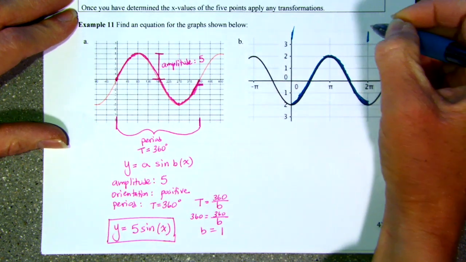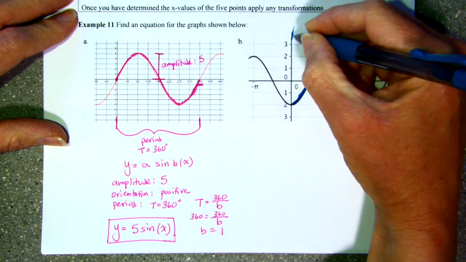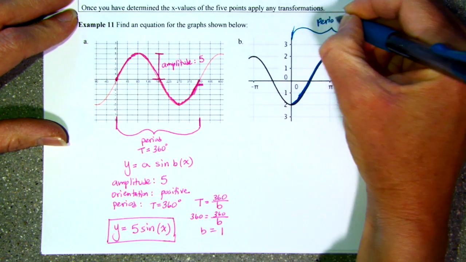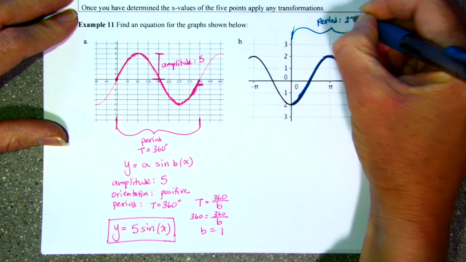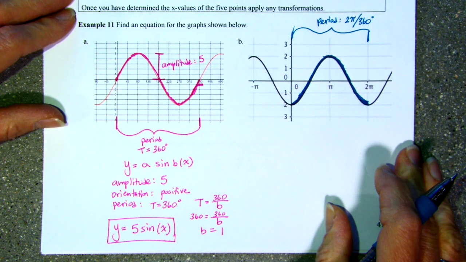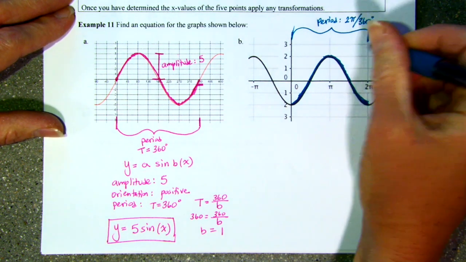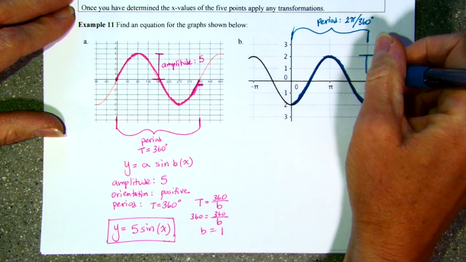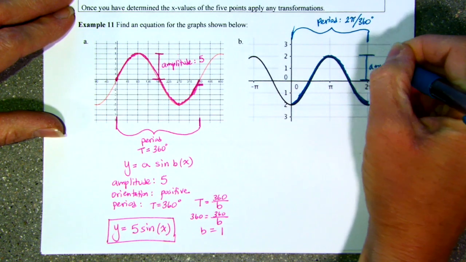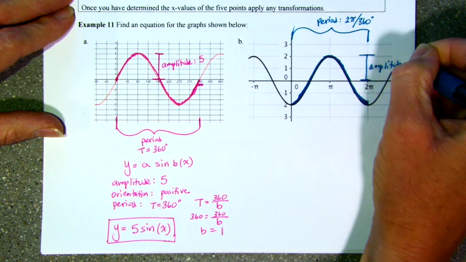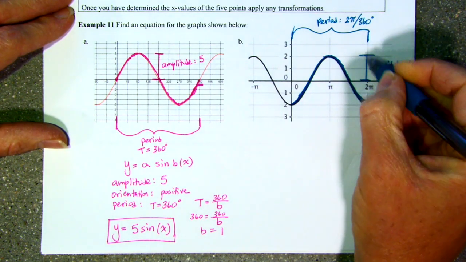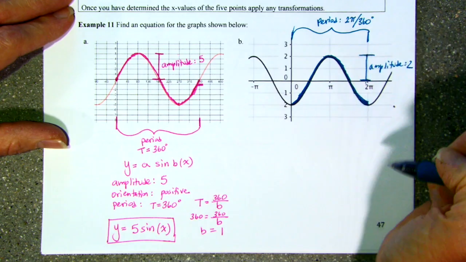So this distance here is the period. And our amplitude is this distance here. It goes up to 2. Or it's a distance of 2 from the top to the middle.